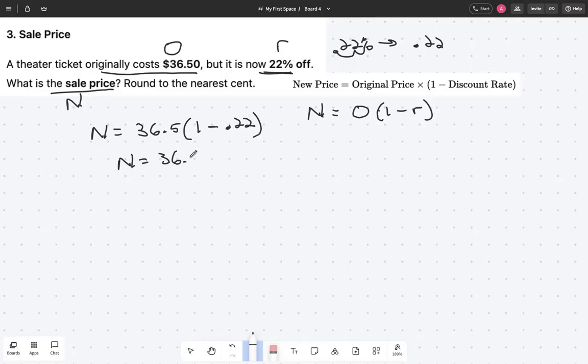N equals 36.5 times 1 minus 0.22, which is 0.78. 0.78 times 36.5. And we just plug that into our calculator, round if we have to, and we can see our new price is $28.47.